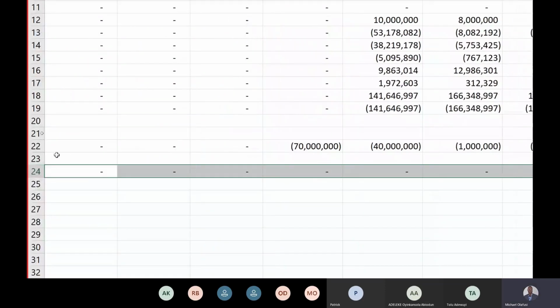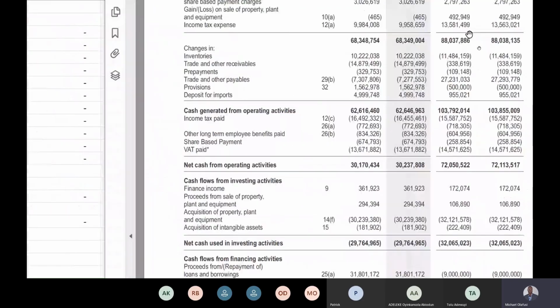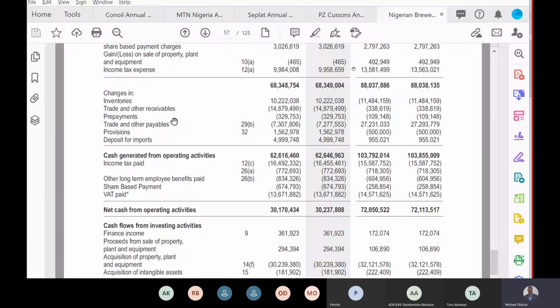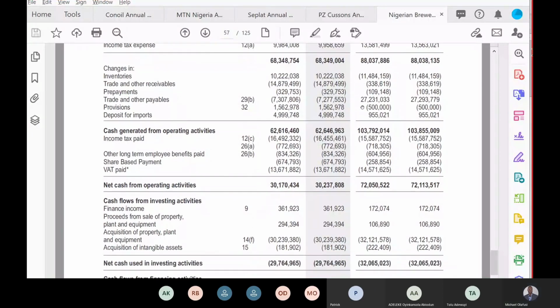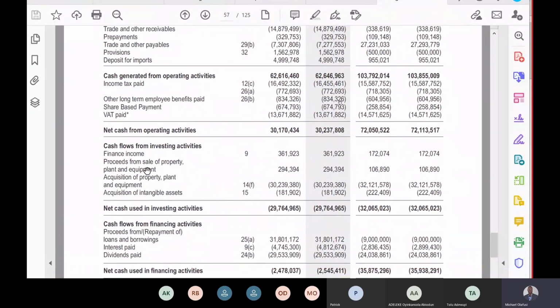And then we go to the financial investment. Let me show you again Nigerian Breweries' account. Some companies have investment accounts, right? Okay, Nigerian Breweries does not have.